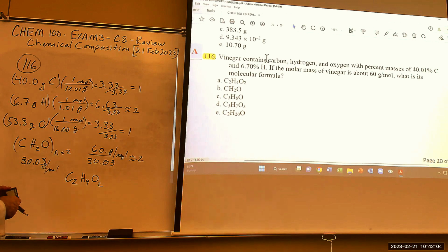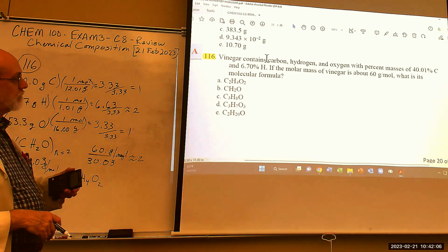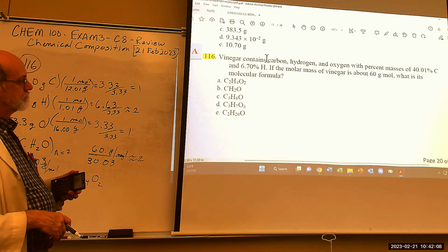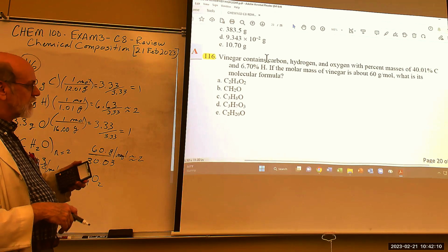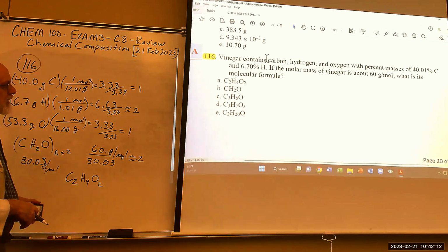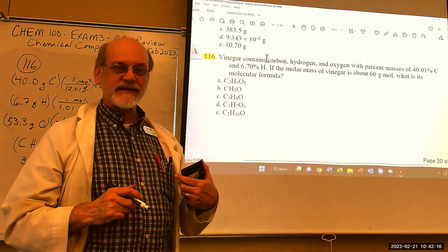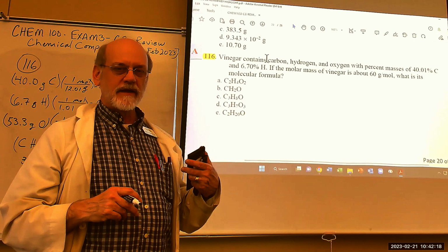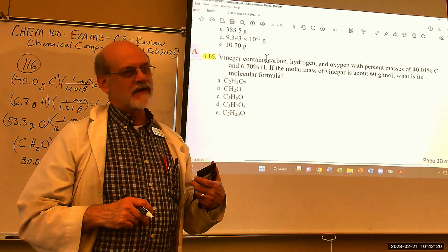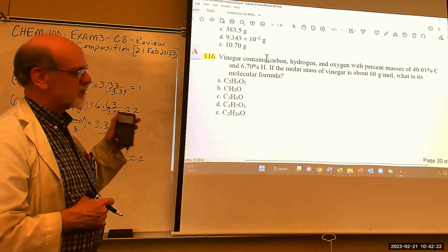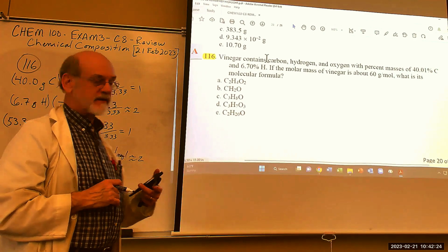That's the molecular formula for vinegar. Actually, that's not the molecular formula for vinegar. Vinegar is an acetic acid solution, 5%. So that's really a misnomer. It should be acetic acid.